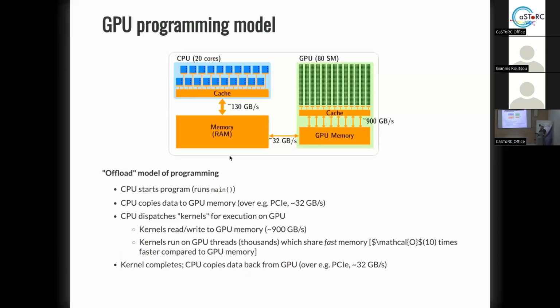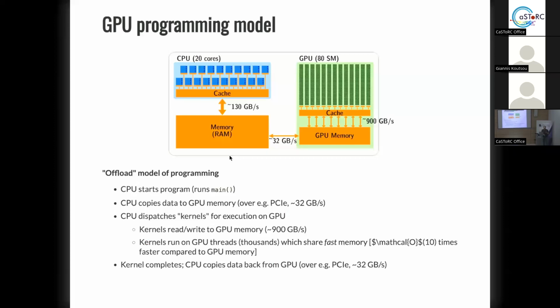The way we program the GPU is using this so-called offload model. This is not the only way to do it, but by far it is the most common way to use a GPU. The offload model basically means you run your program as you would regularly, on a CPU.